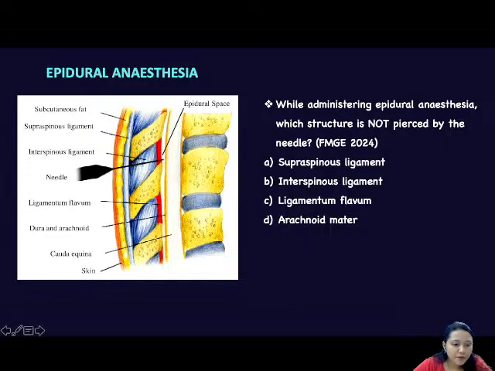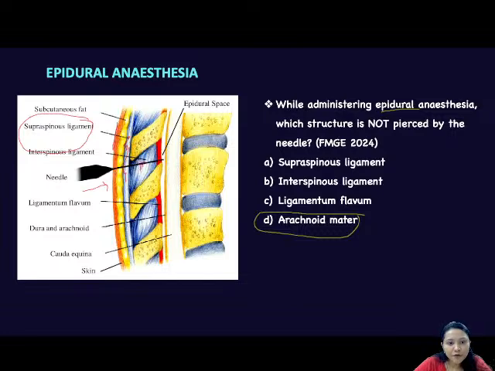So the answer here will be the arachnoid mater, because the epidural space is above the dura, it is not going to pierce the arachnoid mater. To understand that, one more thing I want to explain: when the needle goes in, first you will get the skin, then the superficial fascia, then a ligament, the supraspinous ligament.